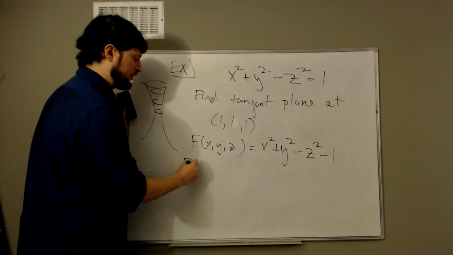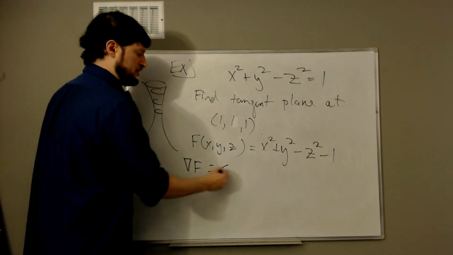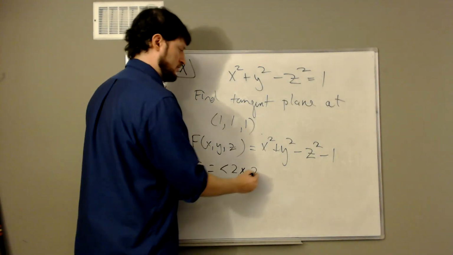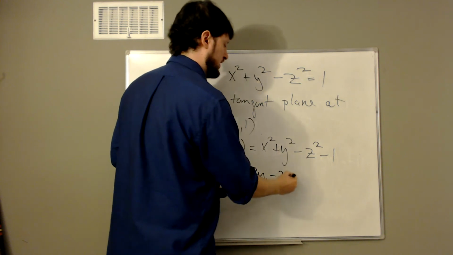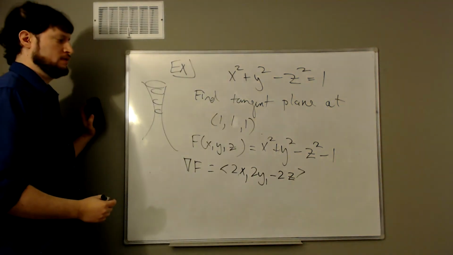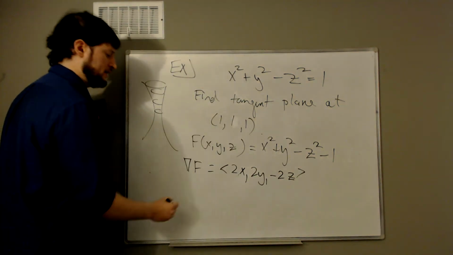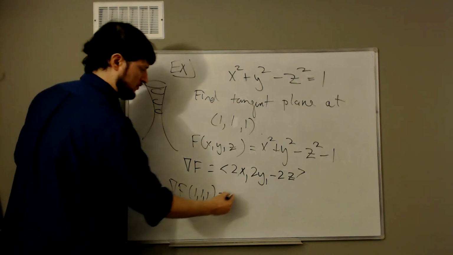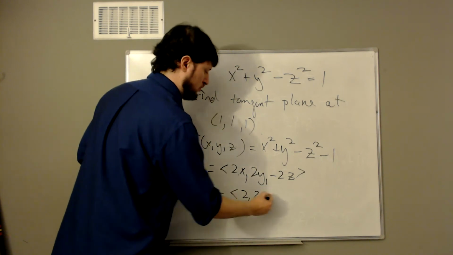So it is a level surface of this function. I calculate the gradient vector, which is 2x, 2y, minus 2z, and I evaluate it at this point. 2, 2, minus 2.